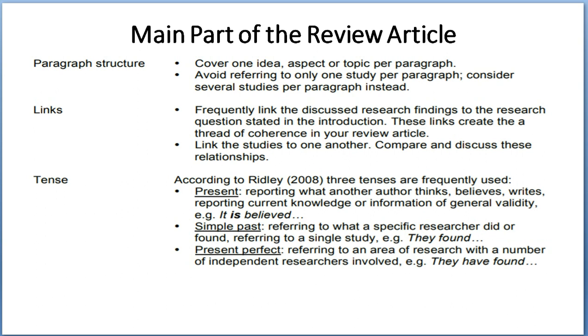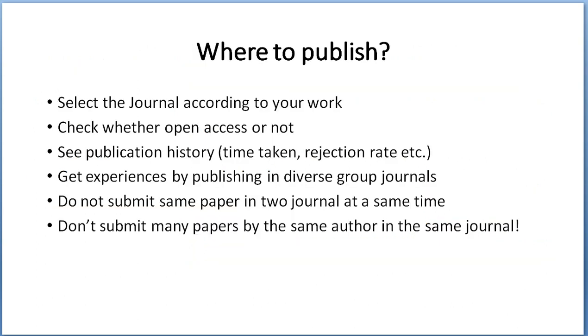So after this, there are references. This is the main part of your review paper. Here you have to write all the citations that you have written in your introduction and in your main body of the review paper. This is also called bibliography.